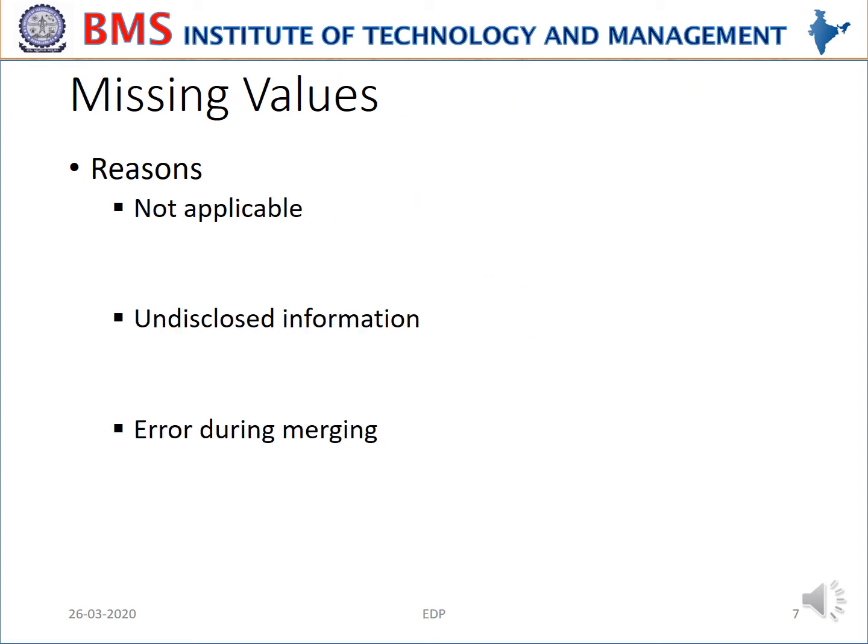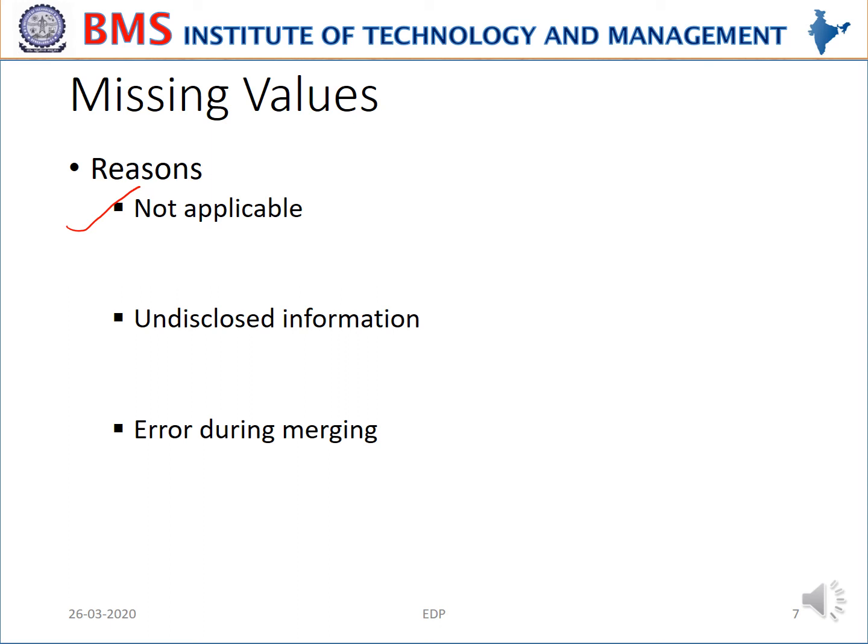Now let us move on to the next topic, how to deal with missing values. But let us first know what are the reasons to encounter these missing values in the data set. Sometimes the value for a data element may not be applicable. Say in the current scenario of data collection, the time of churn information is available only for churners, right?